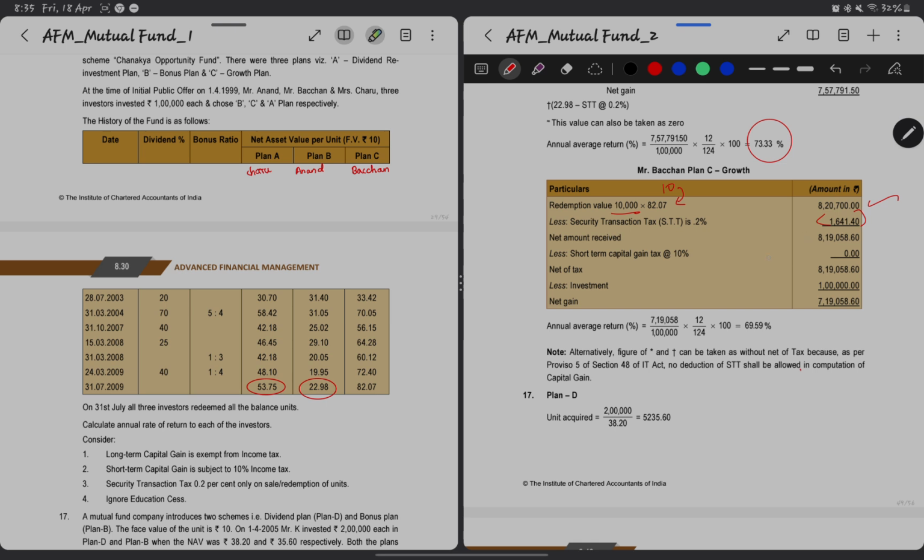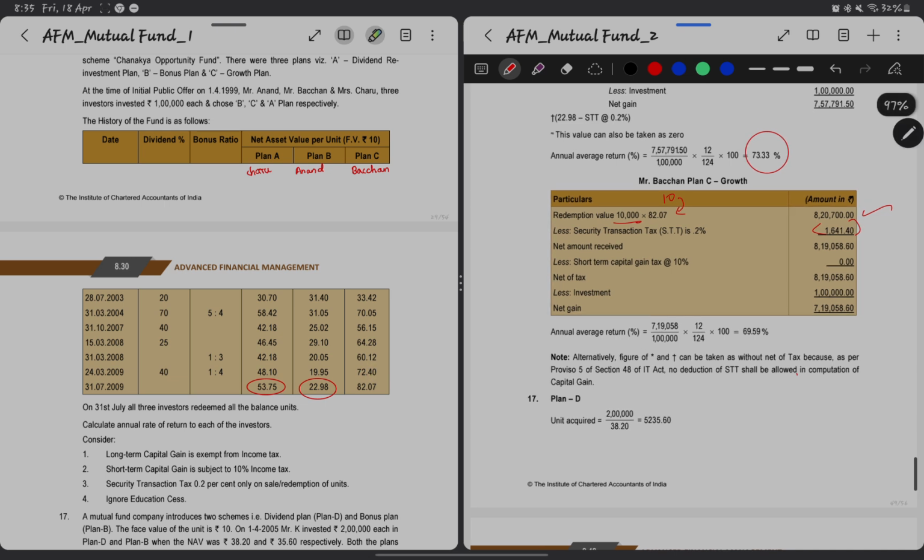The net amount received is 8,19,058.6, and there is no short-term capital gain. Why? Because there are no reinvestments, there are no new bonus shares added within a year. As I previously told, if anything happened within a year, that only will come. Here nothing happened, so short-term capital gain is 0.